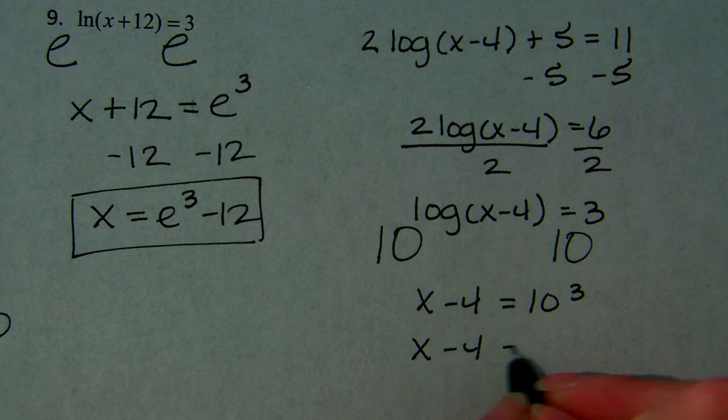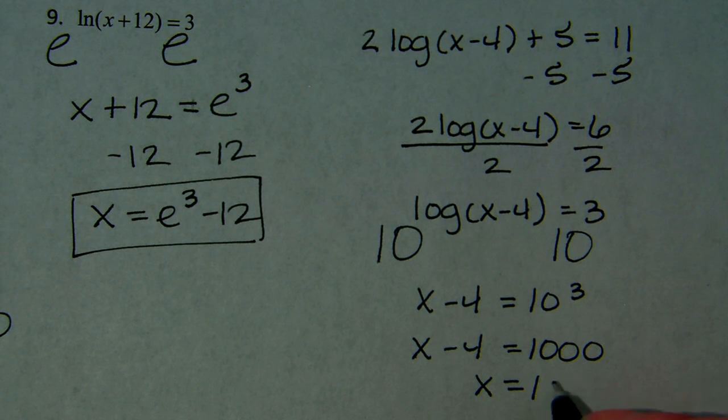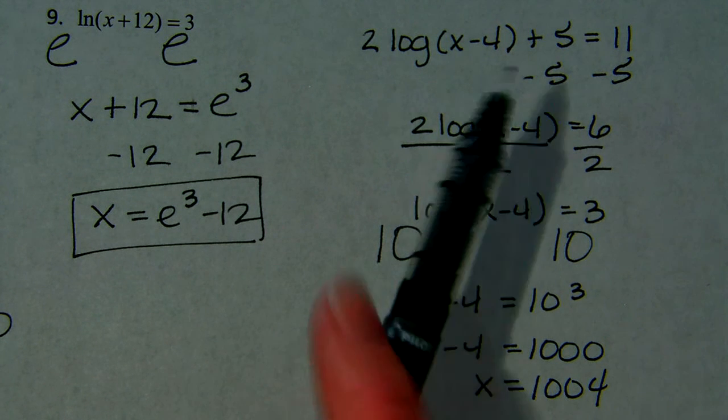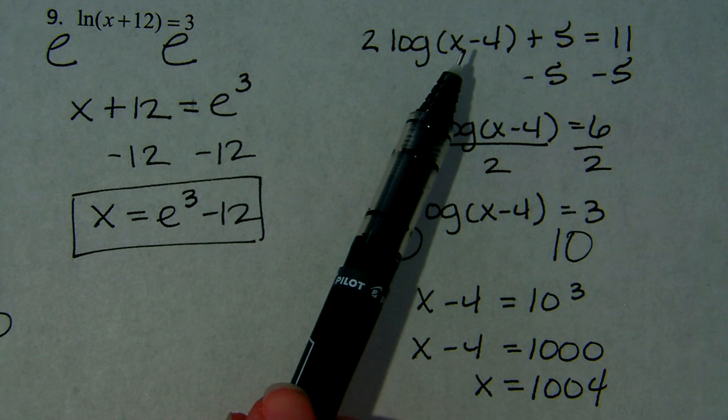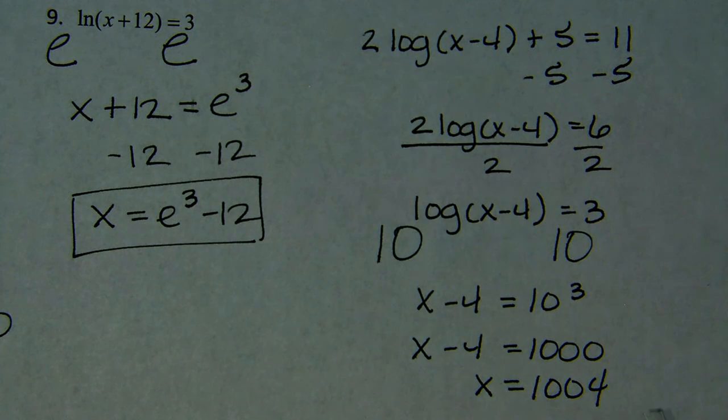So x minus 4 is equal to 1,000. X is equal to 1,004. I want to make sure, plugging it back into my original equation, that it's not going to give me a negative number. 1,004 minus 4 is 1,000. We're good. It's a positive number, and we're fine. And so that's my solution.